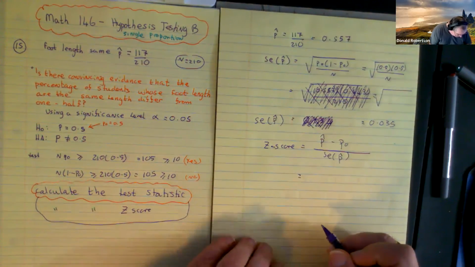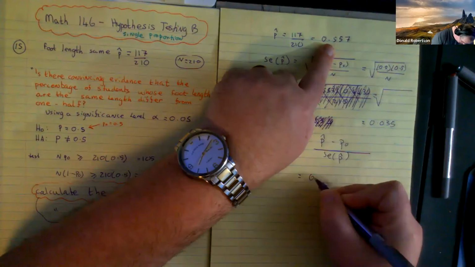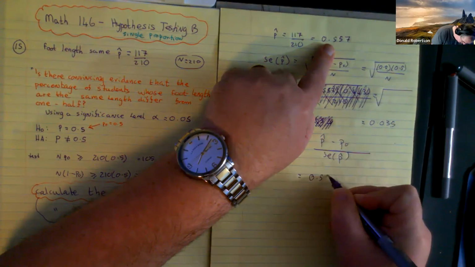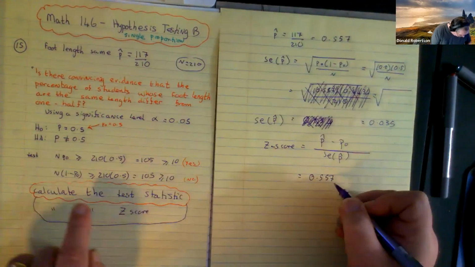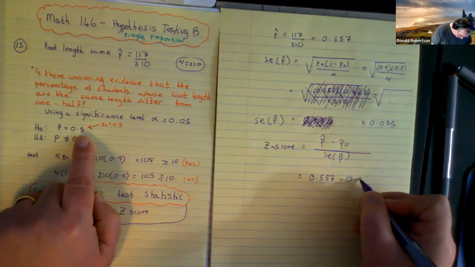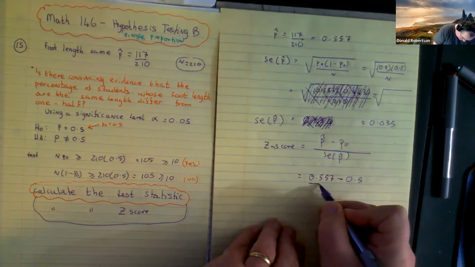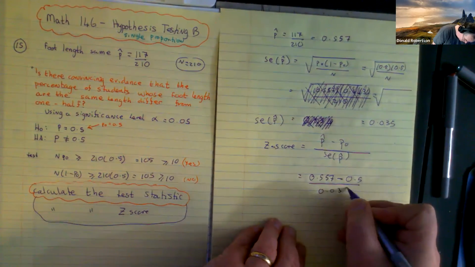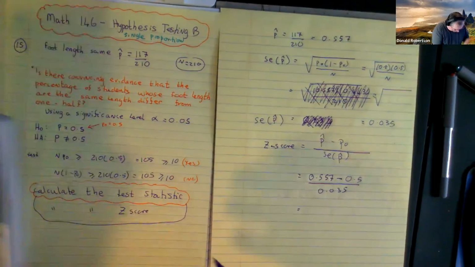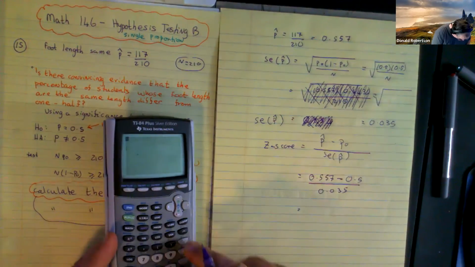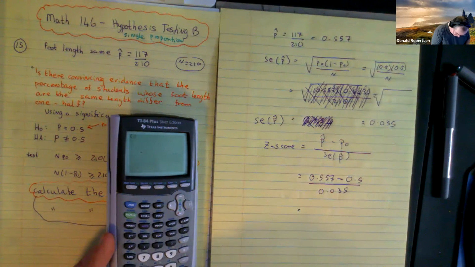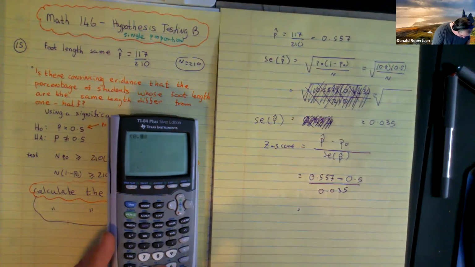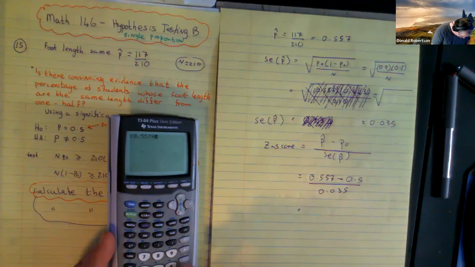So p hat is, make sure I put the right numbers in the right place, 0.557. P naught is 0.5, divided by the correct value for the standard error. And we'll get a z-score. 0.557, take away 0.5, all divided by 0.035.